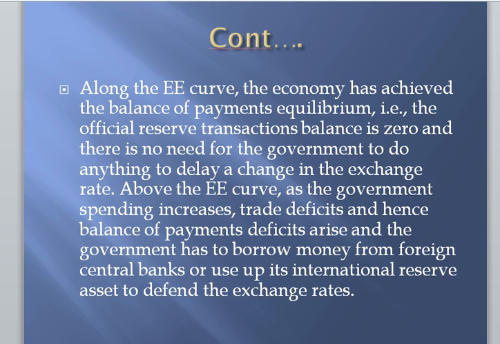So along the external equilibrium curve, the economy achieves a balance of payment equilibrium and the official reserve transactions balance is 0, and there is no need for the government to do anything to delay changes in the exchange rate. And above the external equilibrium curve, as government spending increases, trade deficits and hence a balance of payment deficit arises.